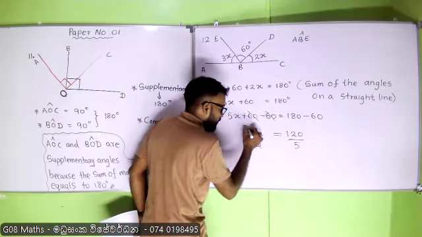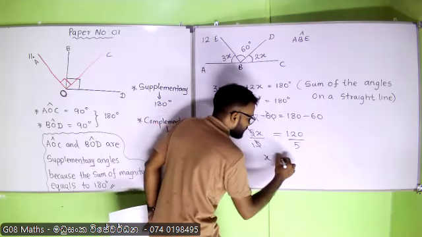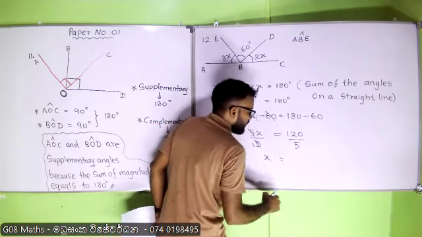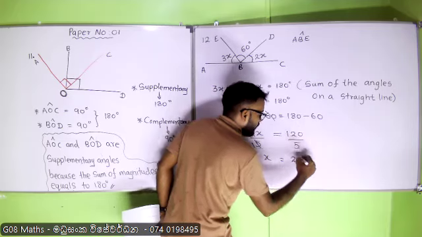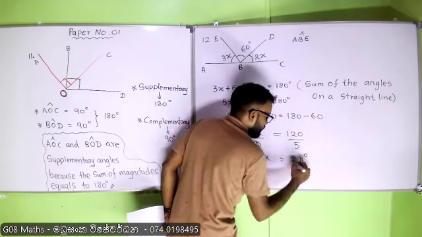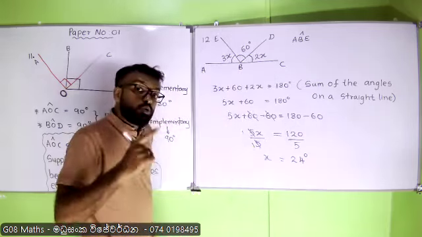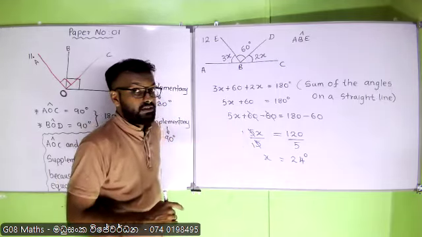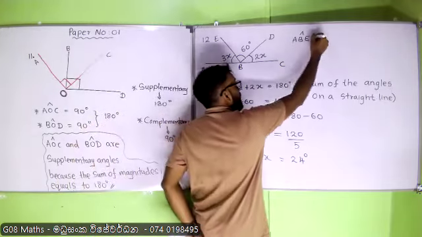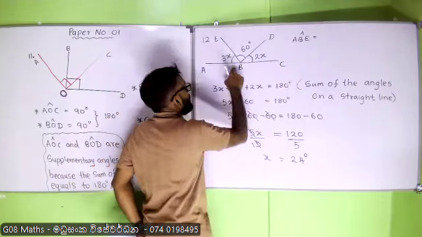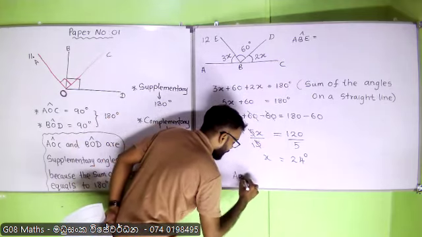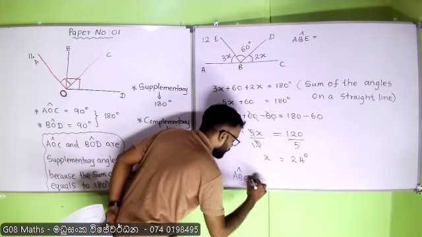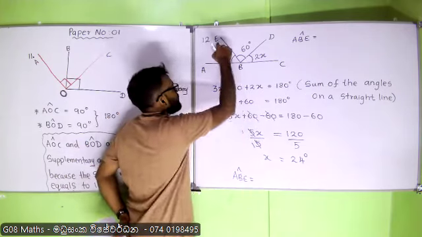5 times 1, 5 times 1. x equals 120 divided by 5. 5 times 2, 10. Remainder is 2, 24. x is equal to 24 degrees. Now they are asking the value of ABE. ABE means what? ABE angle is equal to 3x.